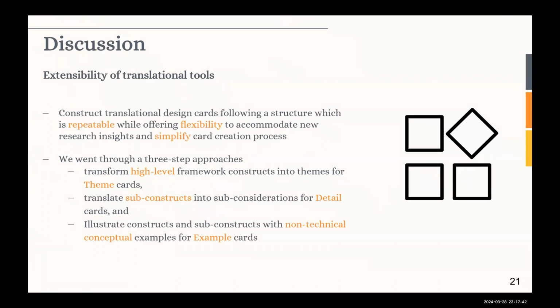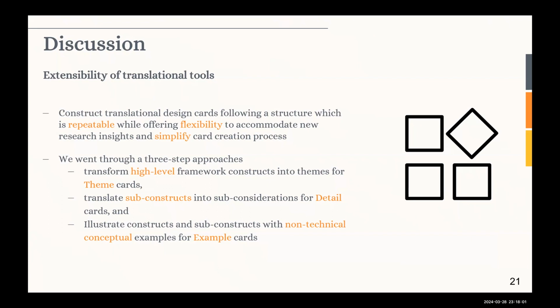Next, we discuss how translational cards can be made extensible through a repeatable structure while offering flexibility to accommodate new research insights and simplify the card creation process. Towards that goal, we went through a three-step approach.